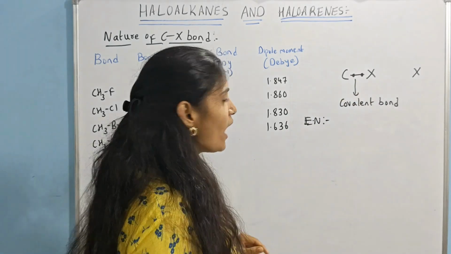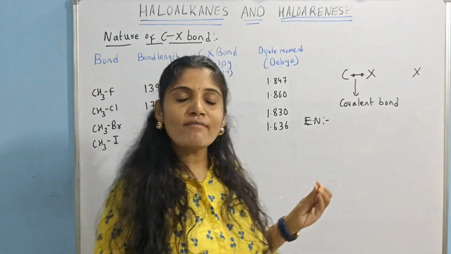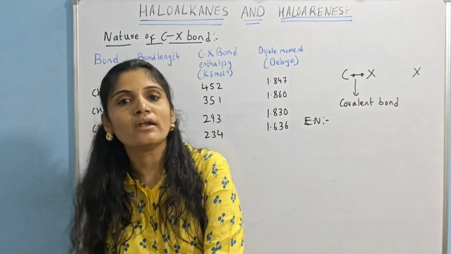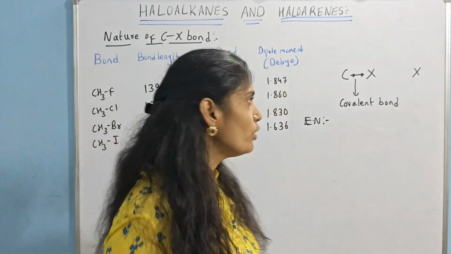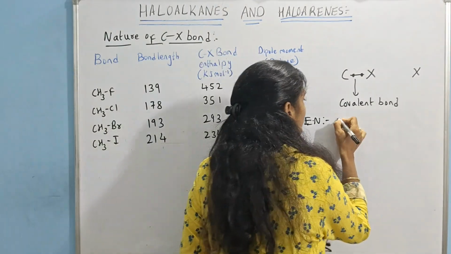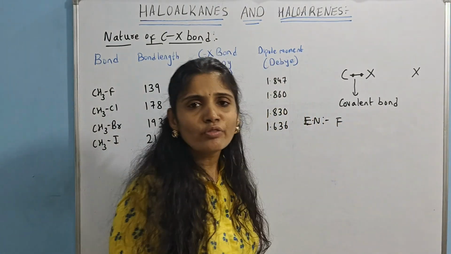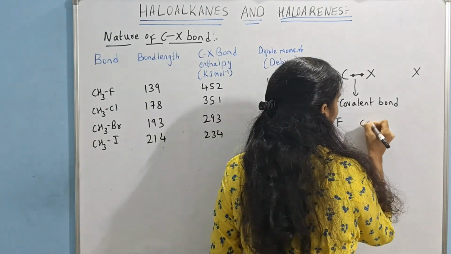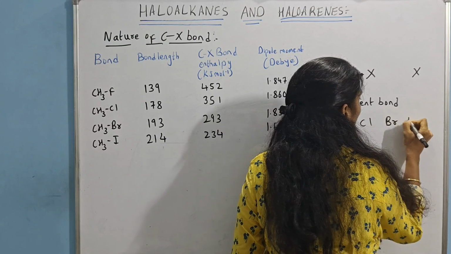Now, when I come to halogens, we have studied in grade 11 periodic properties that halogens are highly electronegative. We have 4 halogens on whom we are throwing light to understand different concepts: fluorine, chlorine, bromine, iodine.